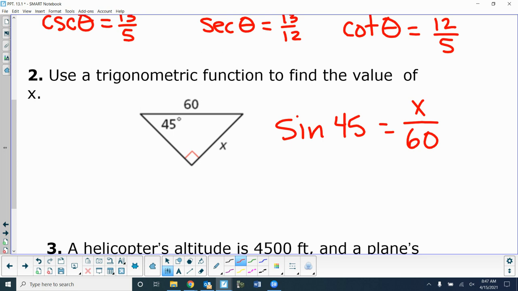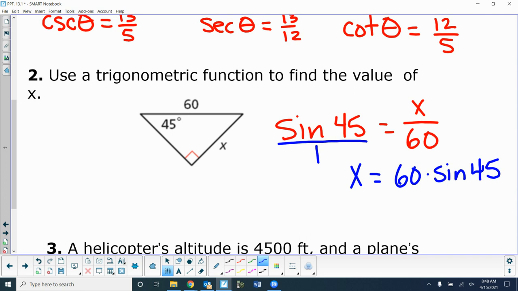All right? I would have done it a different way because I know the answers to the sides when I have a 45, 45, 90. Now, what I was talking to you guys about yesterday is to turn this into a proportion. So how do you solve a proportion? Cross multiply. So 1 times x is x equals 60 times the sine of 45.